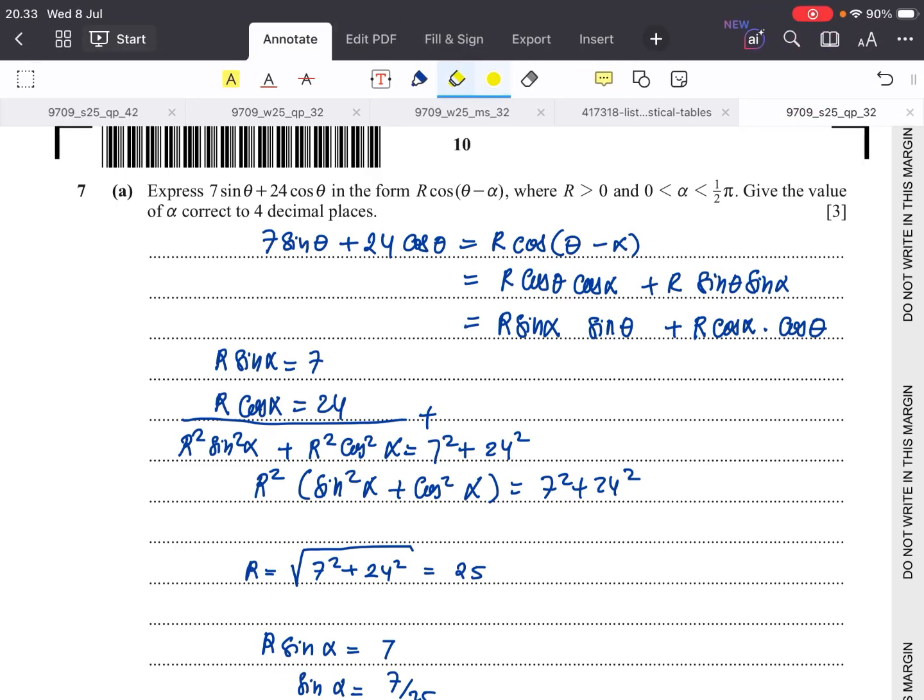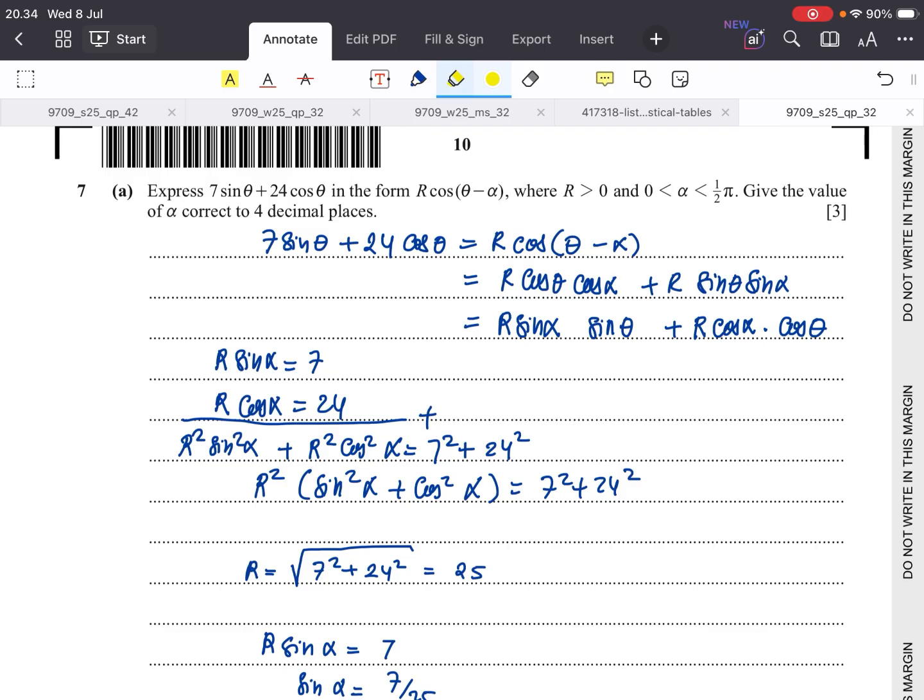Students, if you forget the formula on how to change this into this form, you can start by expanding r cos of theta minus alpha. The expansion using the subtraction angle formula will be r cos theta times cos alpha plus r sin theta times sin alpha.